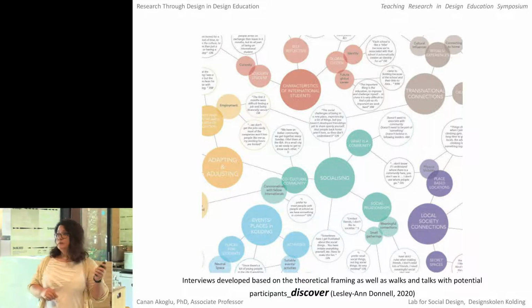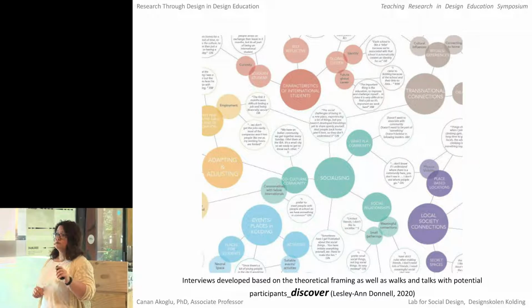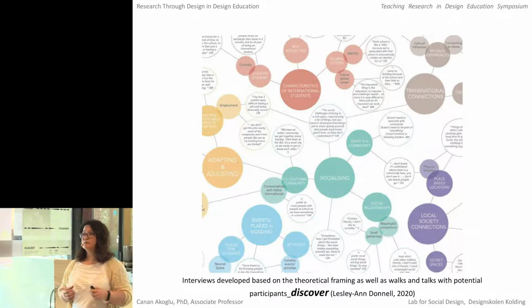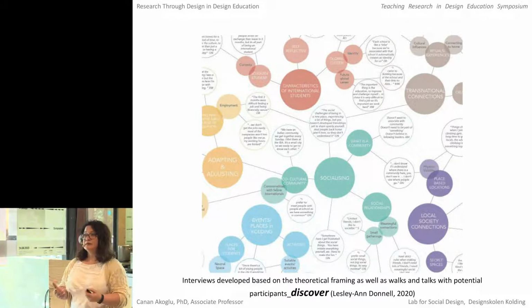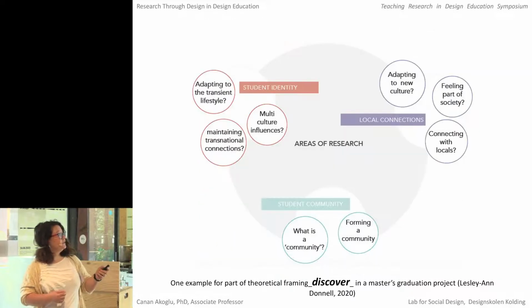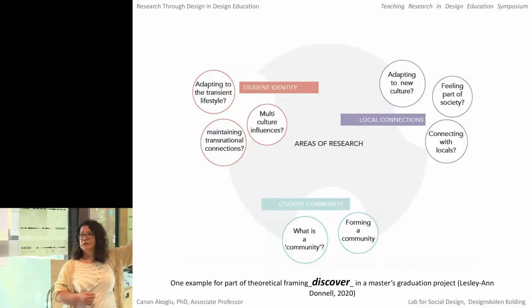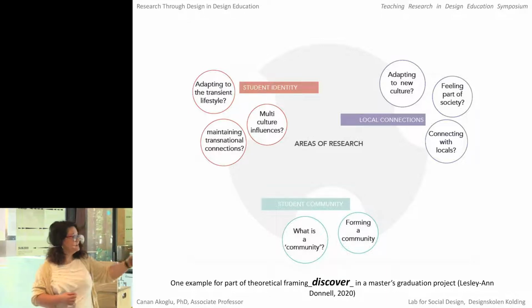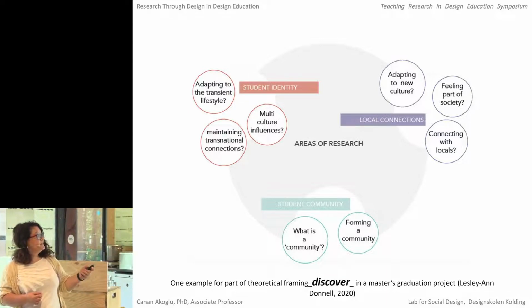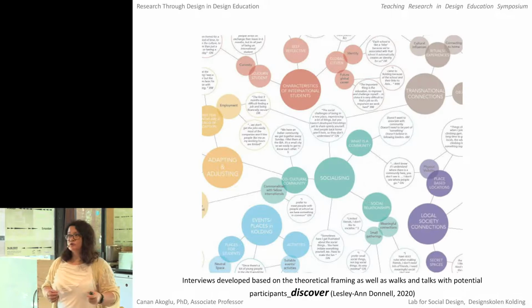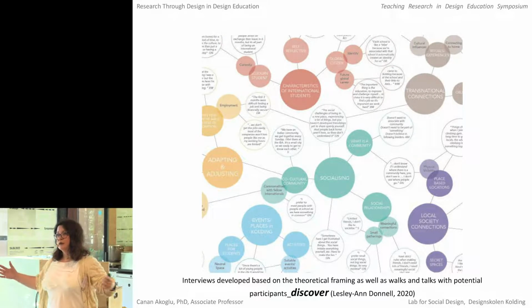So she did some initial walk and talks. We don't even call them interviews at the moment, because they were not really structured. There were topics that she was interested in to further elaborate these themes and questions with the potential participants. But of course, we kept it quite open and flexible.